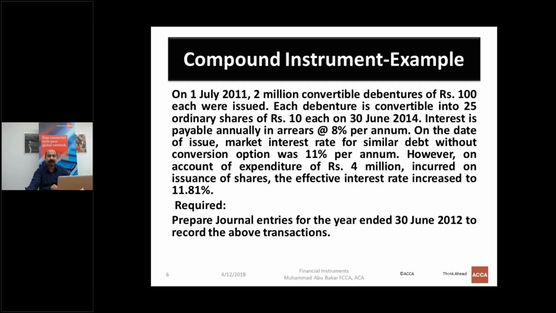On the date of issue, market interest rate for similar debt without conversion option was 11% per annum. However, on account of expenditure of rupees 4 million incurred on issuance of shares, the effective interest rate increased to 11.8%. Prepare journal entries for the year ended.